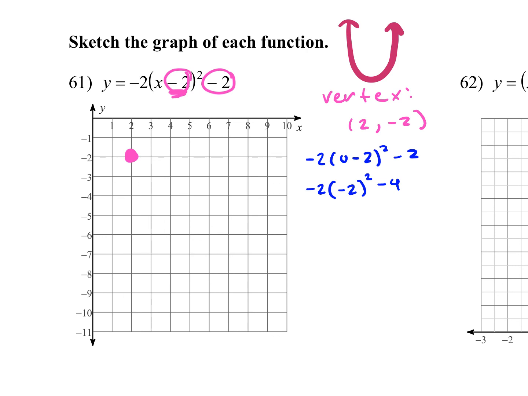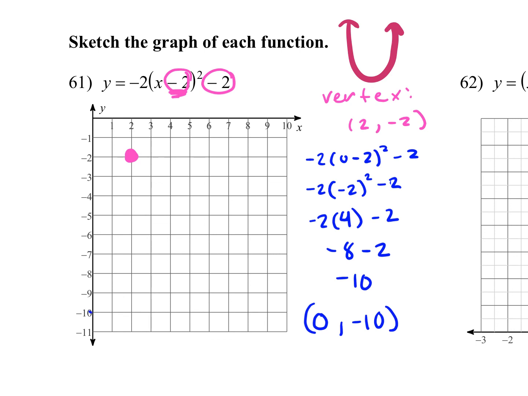Perfect, because it's -2 times -2, so that's 4. So then I have -2 times 4. What's -2 times 4? -8, and then -8 minus 2? -10. So I plugged in 0 and got -10.